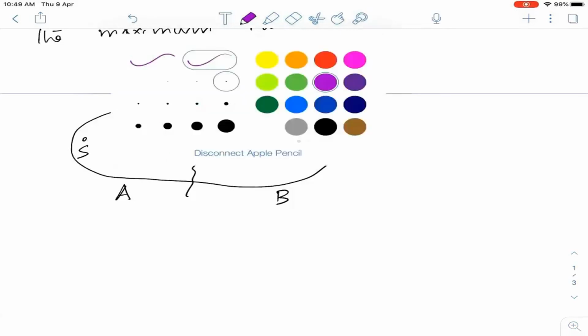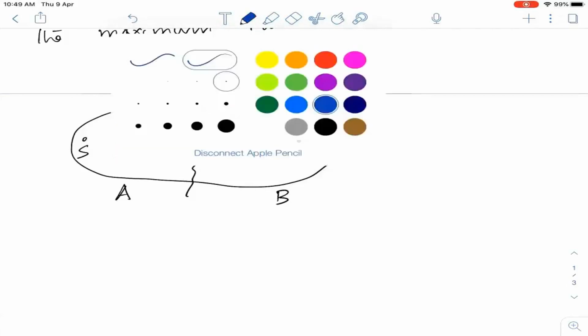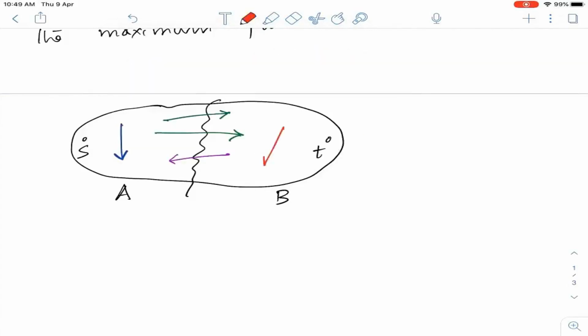There could be edges which are completely inside A, and edges which are completely inside B. So these are the 4 kinds of edges in my graph from the point of view of this cut. And when I am talking about the capacity of the cut, I am only taking the green edges into consideration. I'm not taking any of the blue, purple, or red edges. So the green edges really define the capacity of this cut.